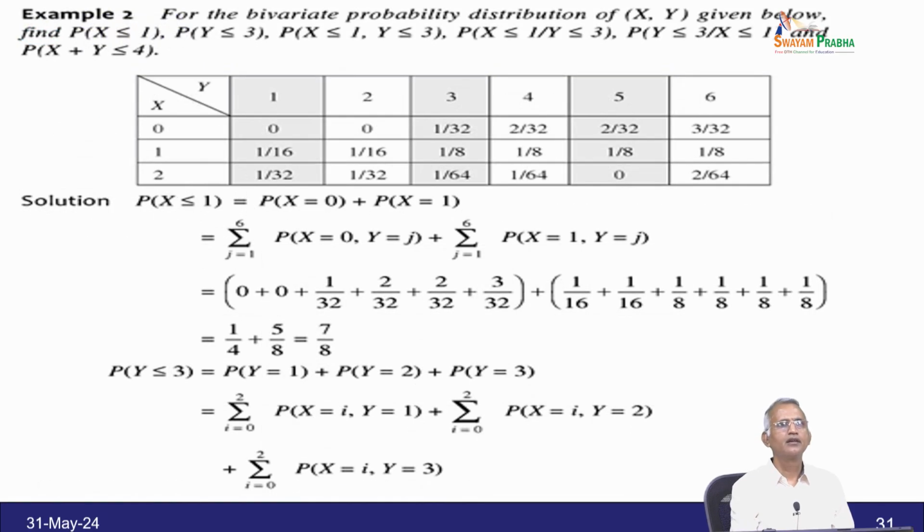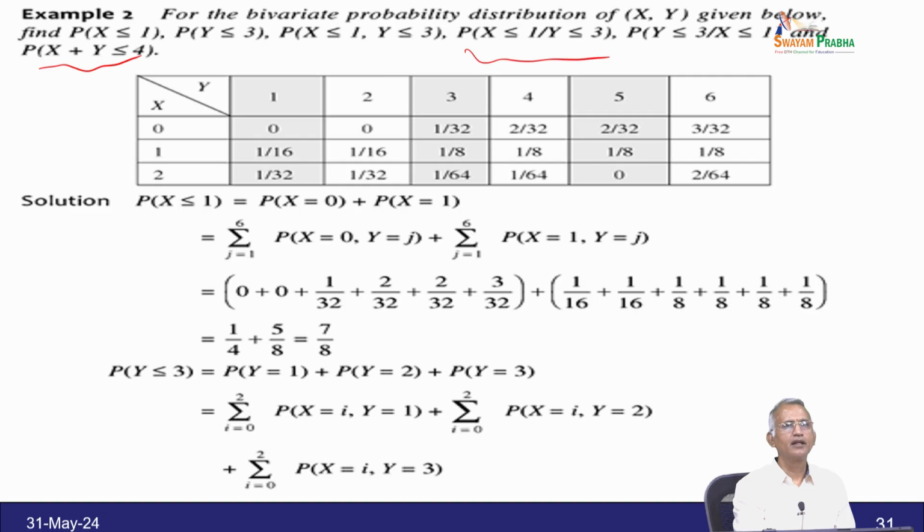Next question: find the bivariate probability distribution of x and y given below. Find the probability of x less than or equal to 1, the probability of y less than or equal to 3, the probability of x less than or equal to 1 and y less than or equal to 3, the probability of x less than or equal to 1 given y less than or equal to 3, the probability of y less than or equal to 3 given x less than or equal to 1, and the probability of x plus y less than or equal to 4.